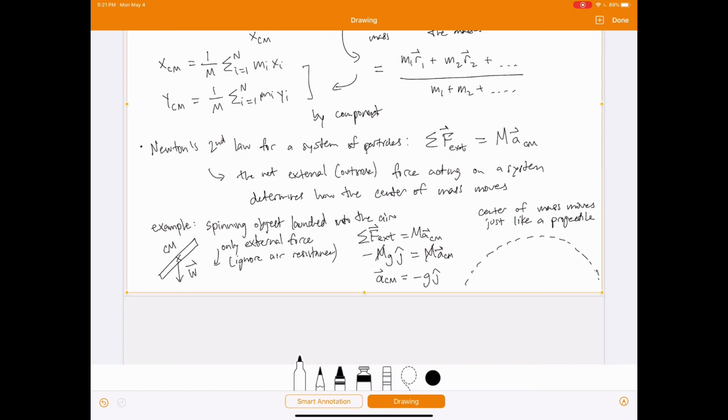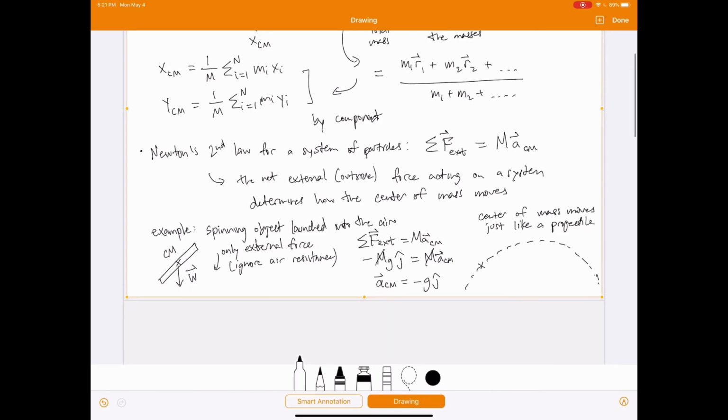And so that's telling us that the center of mass of the object is following that path. But the rest of the object is spinning around like this. So the center of mass moves along this simple trajectory. And while it's doing that, the object rotates around that center of mass. So that's just one example of how we can apply this idea.